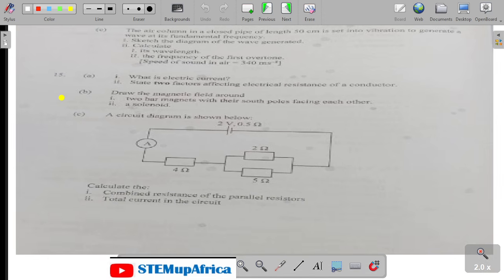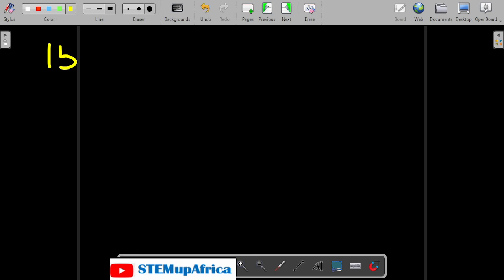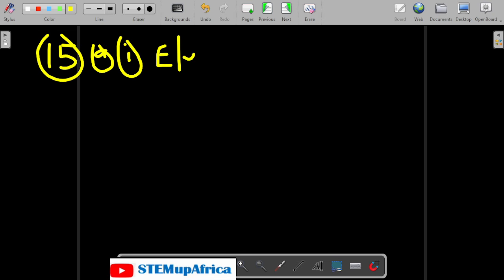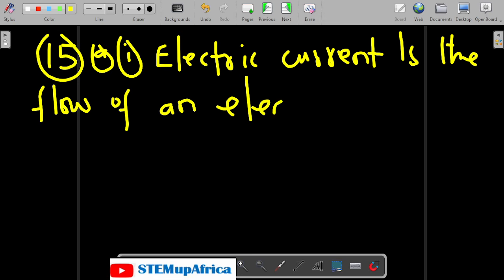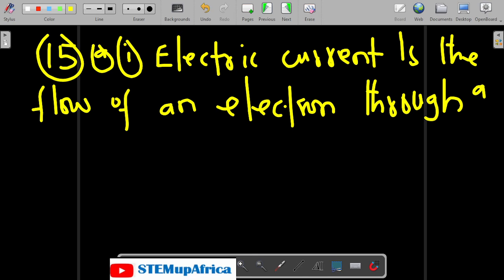So let's look at question 15. Question 15 says, what is electric current? 15A, Roman figure 1. Electric current is the flow of an electron through a conductor.